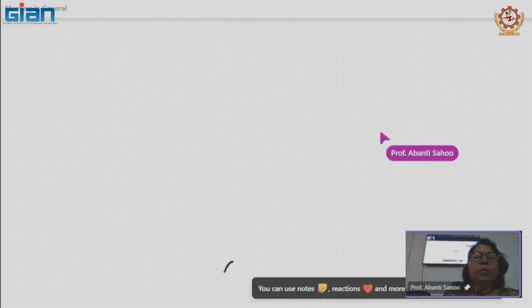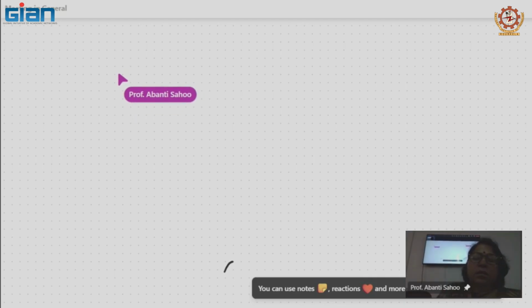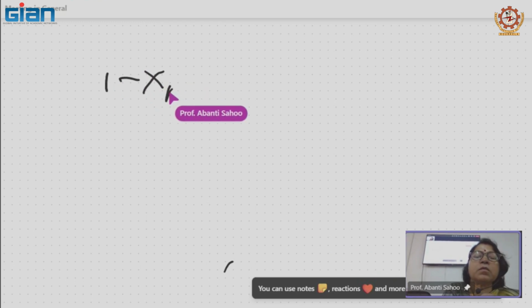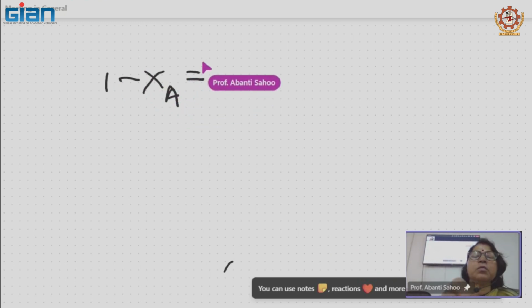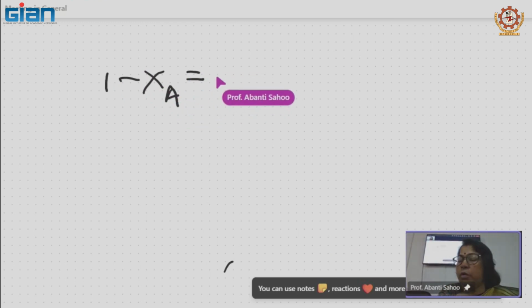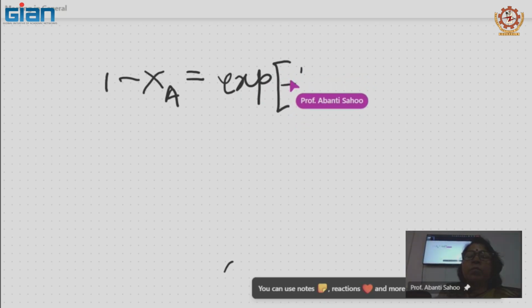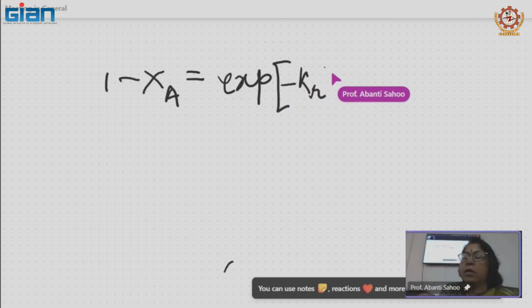For the plug flow reactor model, we consider the equation 1 minus XA equals exponential of minus KR tau.